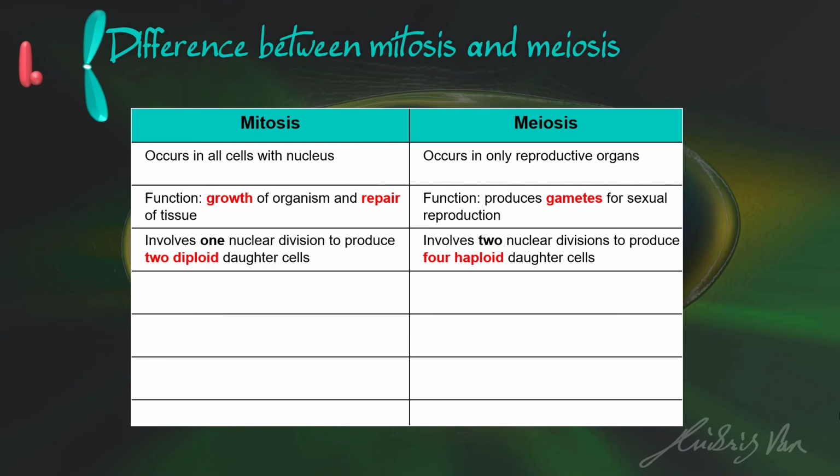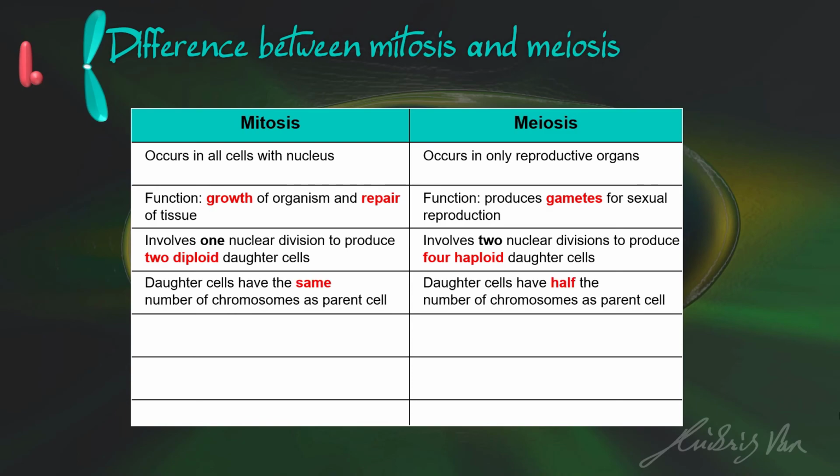So the daughter cells of mitosis each have 46 chromosomes, while for meiosis, each of the four daughter cells only has 23 chromosomes. Similar to what I have mentioned, the daughter cells of mitosis have the same number of chromosomes as the parent.